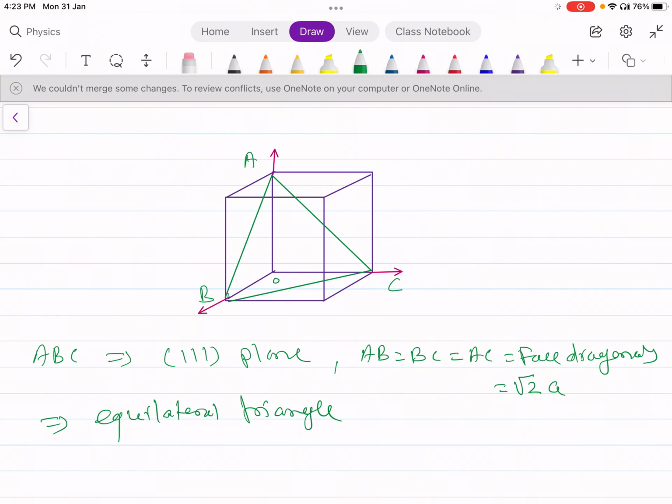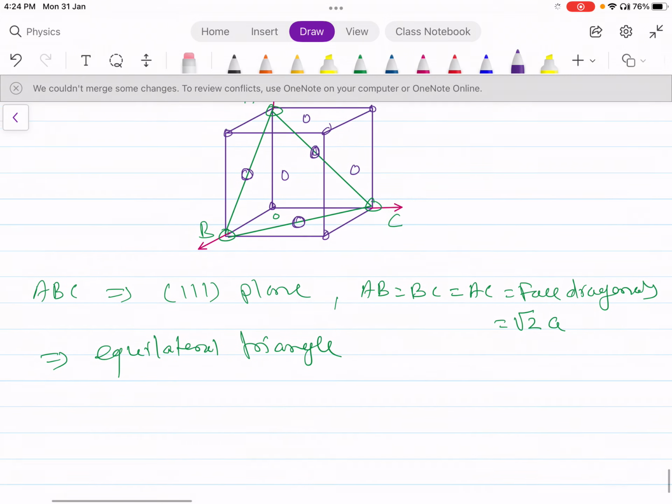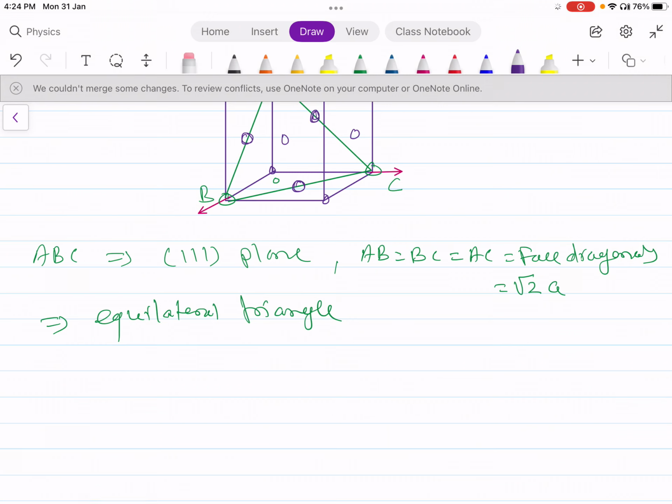Let's show the atoms. As I said, all these are face diagonals, so along the face diagonal there is one atom. This is the atom of the back surface. So these are the three face diagonals. This is the front surface, side surface. So first let's find effective atoms in plane.